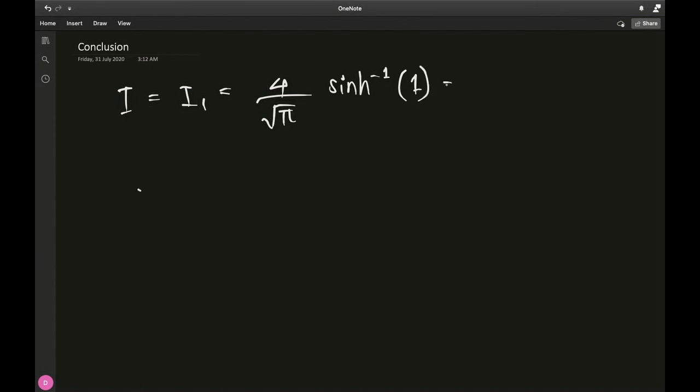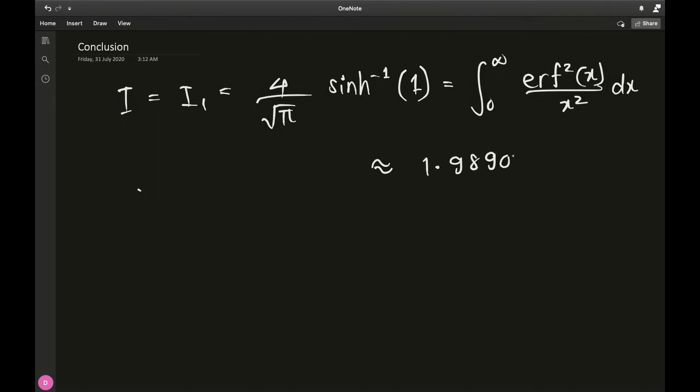and I was just equal to the integral from 0 to infinity of error function squared of x over x squared dx, which has an approximate value of 1.98905. How nice is that?